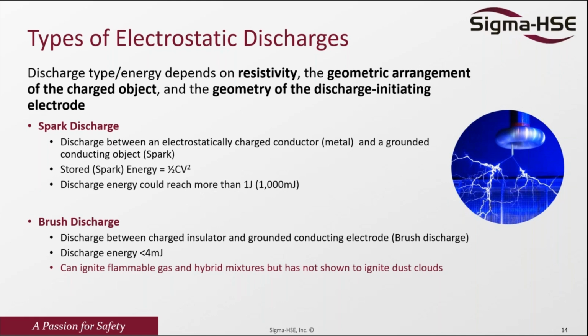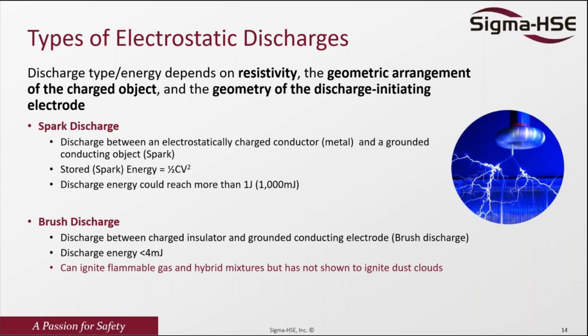And spark type ignition source usually can generate an energy up to 1,000 millijoules. That is, one can ignite gas, solvent, and dust, because this energy is very high, and you don't want this in the industry because it can ignite almost every material that we handle at our various facility.